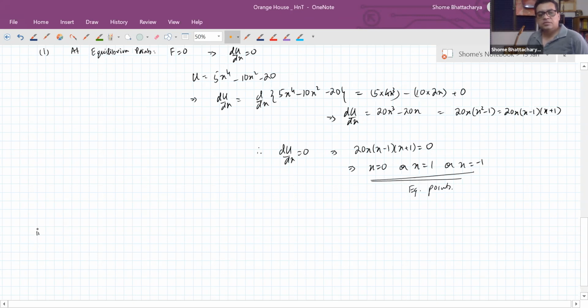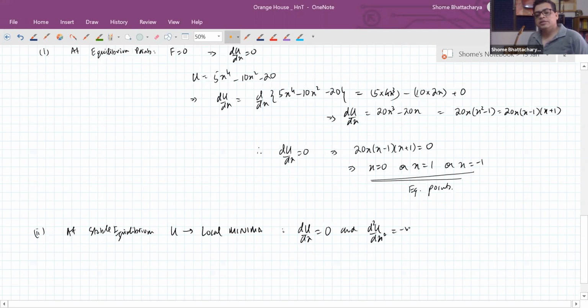Then next thing, at stable equilibrium, potential energy should have a local minima. That means du by dx should be 0 and second derivative should be negative.